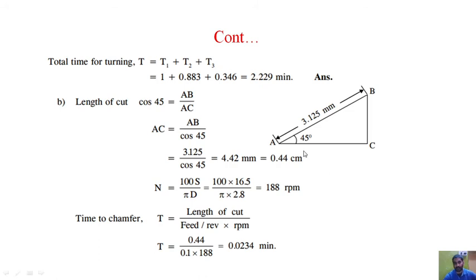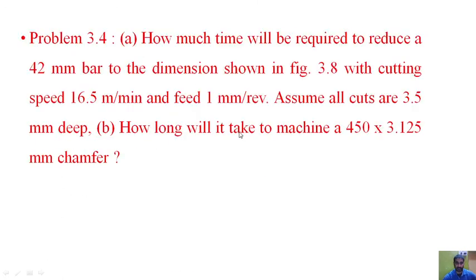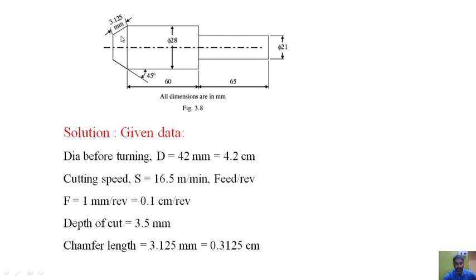Adjacent is AB here. So if you convert this, you'll get it as 4.42 millimeter. So this length of chamfer will be, since it is angular here, this length is given, total linear length is given as 3.2 mm.